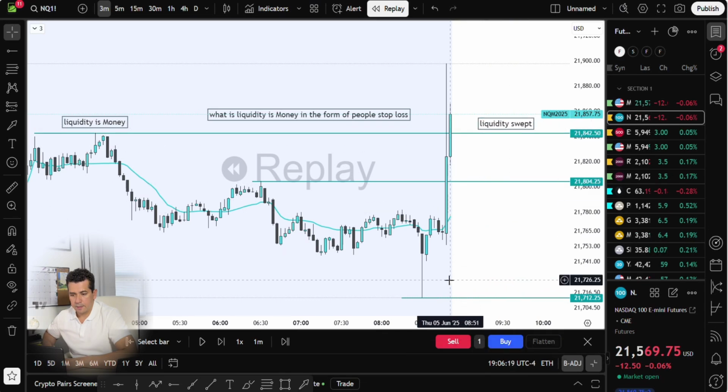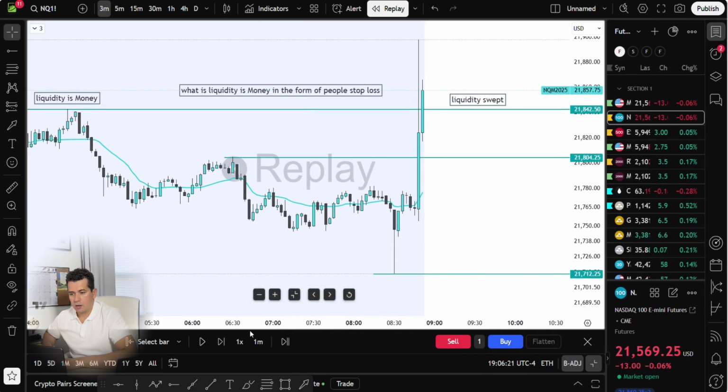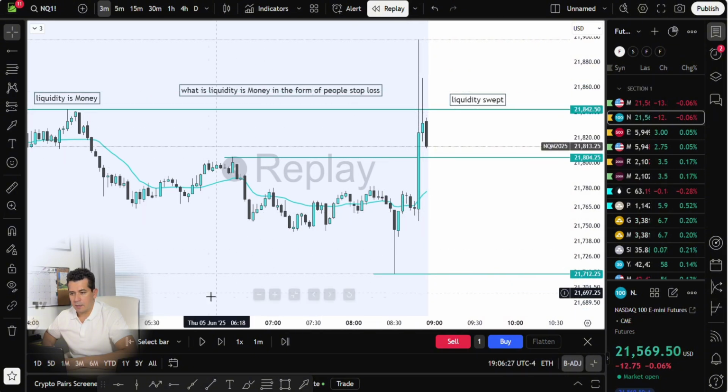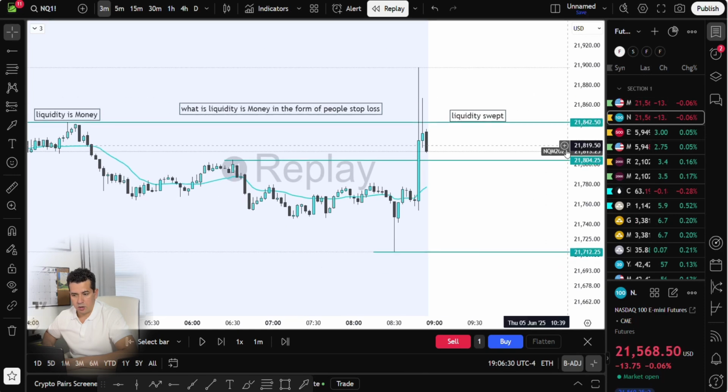Okay, let's see. Can you take a trade after this liquidity sweep? Yeah, sure. So you wait for the liquidity sweep and then you go in. This is really fast, risky as well.